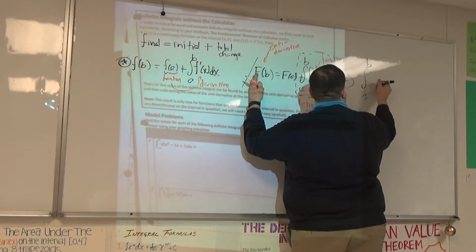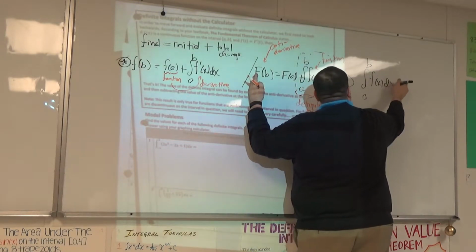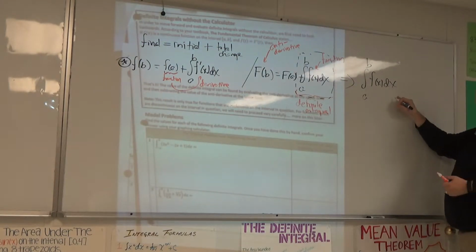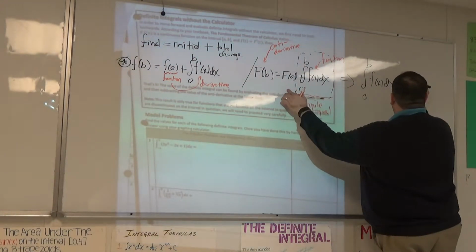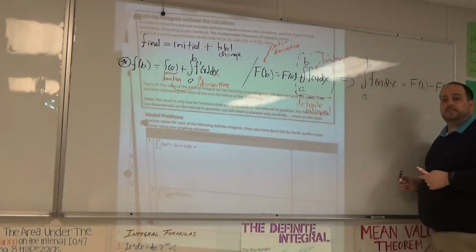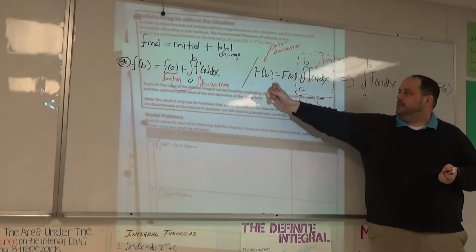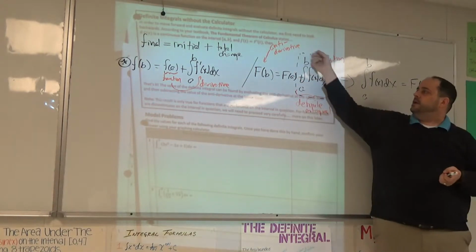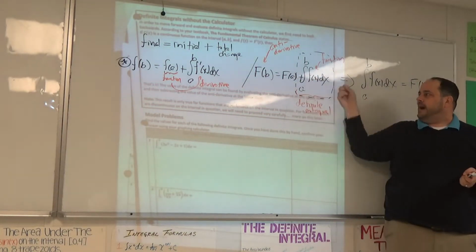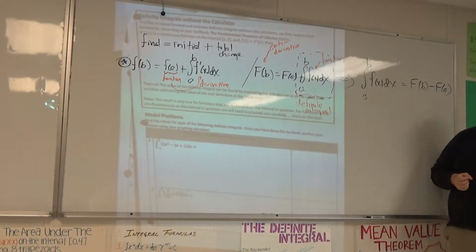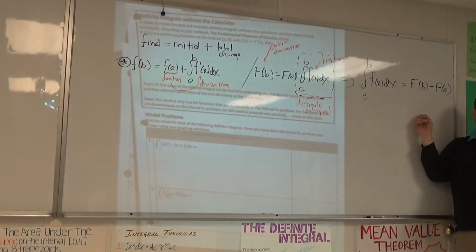And Juan, this is what you were reading: the integral from a to b of little f of x is just big F of b minus big F of a. Big F of b equals big F of a plus the definite integral. So in the problems where I want this part, just subtract big F of a to the other side. Kind of okay?